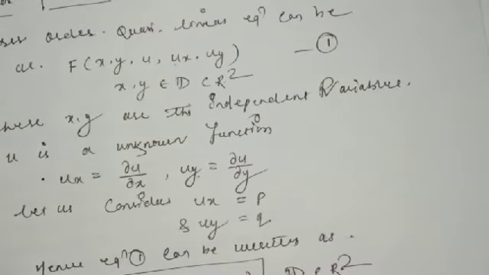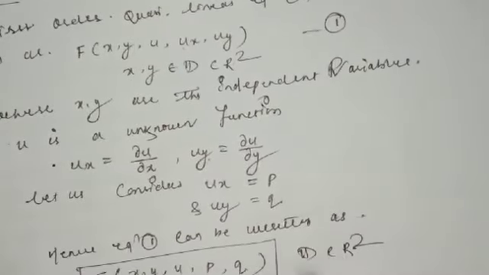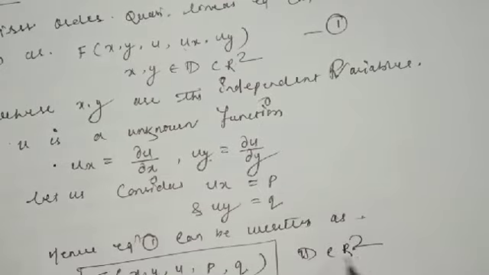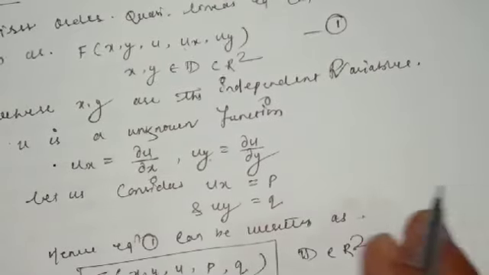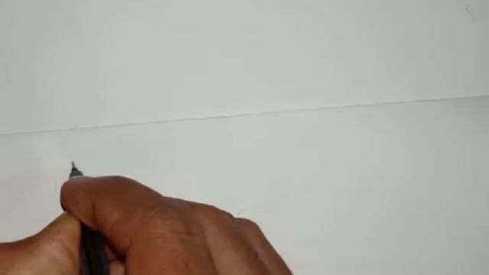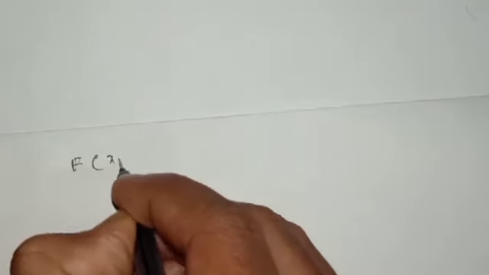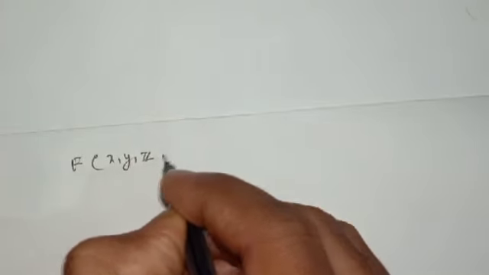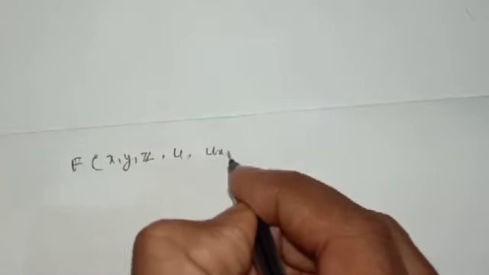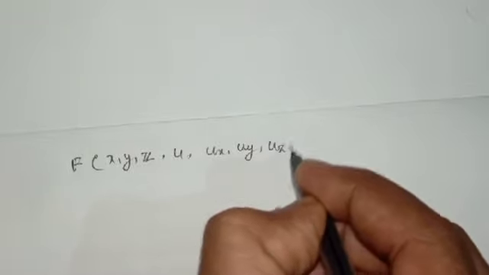So how can we write an equation where the domain is a proper subset of R3? If the domain is a proper subset of R3 and the coordinates are x, y and z, then for the third independent variable the equation looks like f of x, y, z, u, ux, uy and uz.